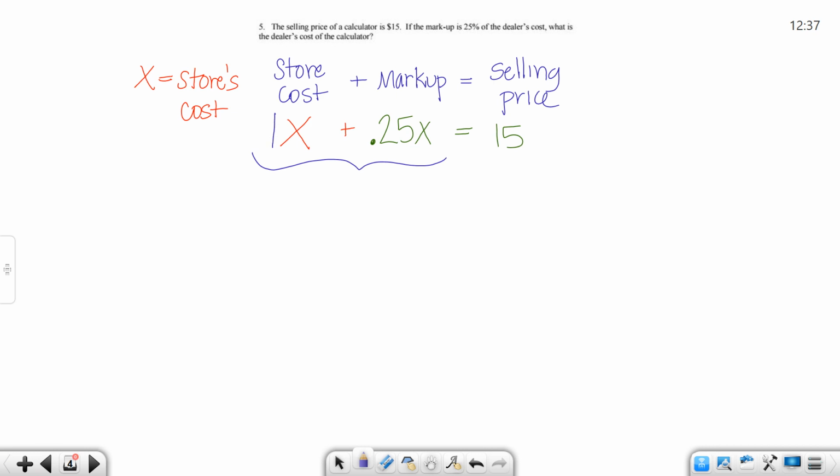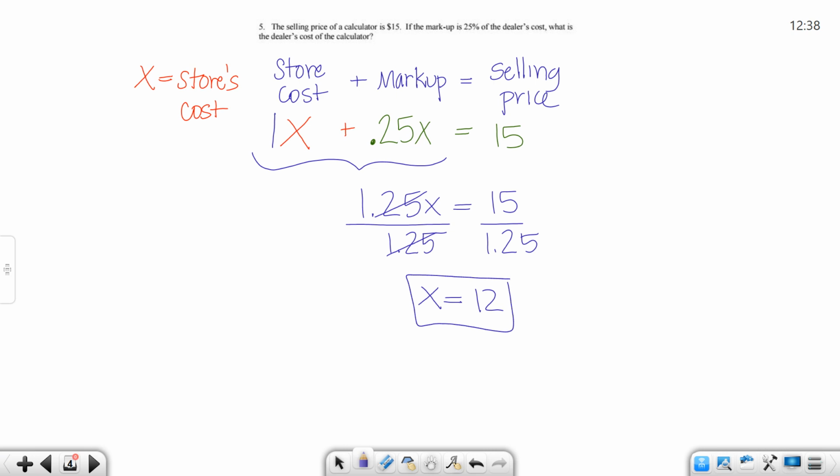Remember, there's an understood 1 in front of this first one. So 1 plus 0.25 would be 1.25x. We'll divide both sides by 1.25, and X would equal 12. And that's what we get for that one.